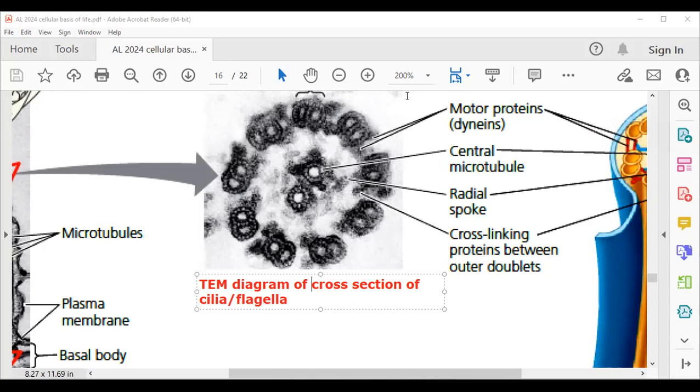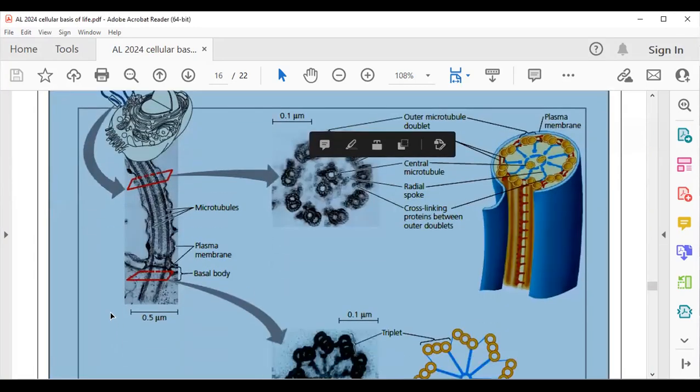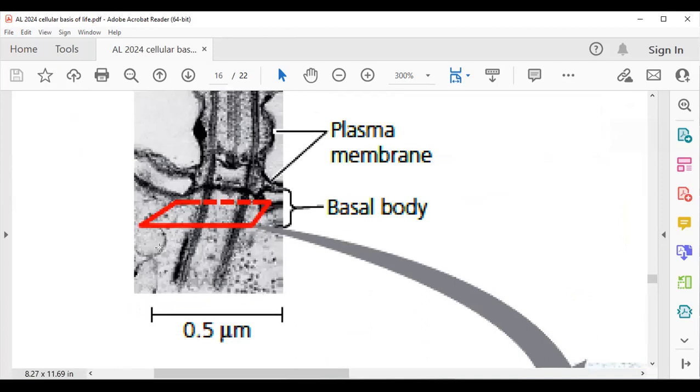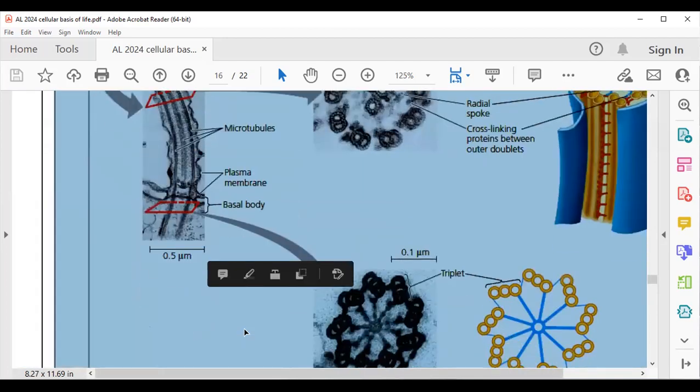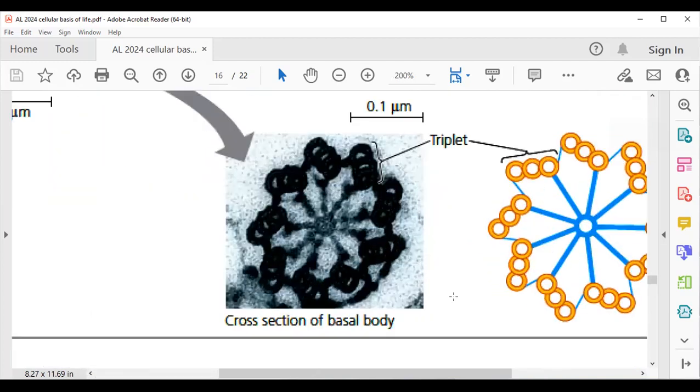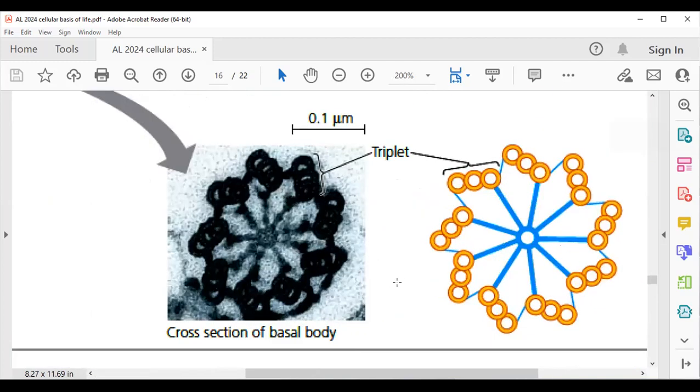At the bottom, cilia or flagella are anchored to a unit called the basal body. Some places call it the basal granule also, but basal body is sufficient to know. The basal body has a different microtubule arrangement.